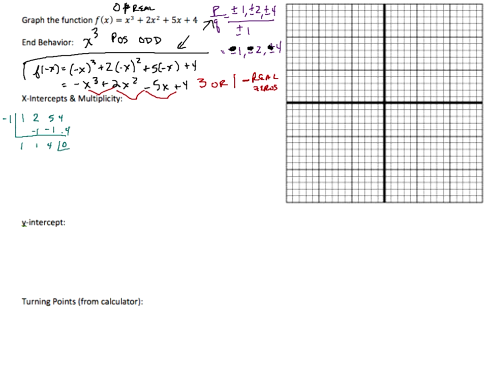So there's a factor. This is checking for x plus 1. So f of x is equal to x plus 1 times x squared plus x plus 4.